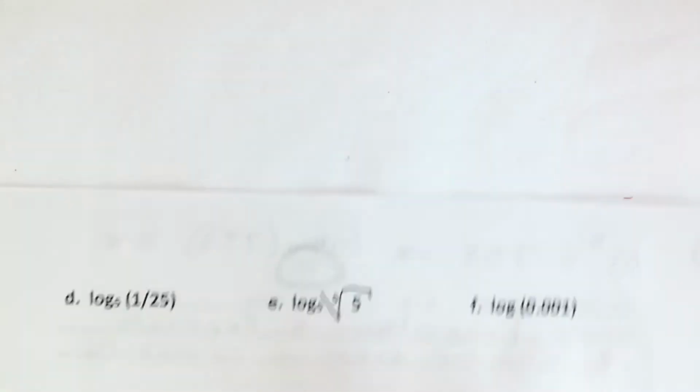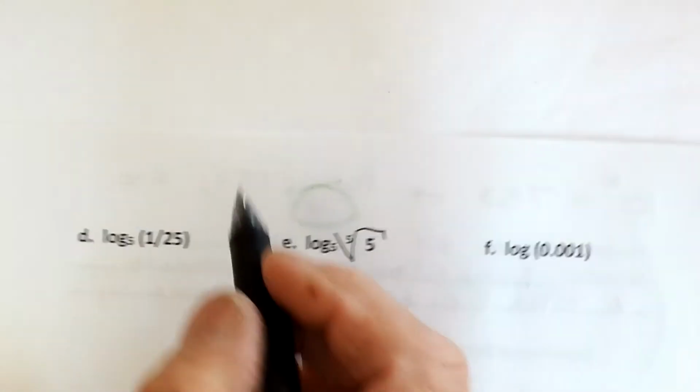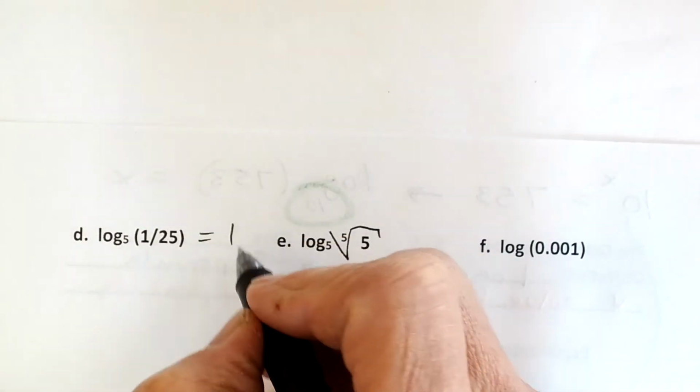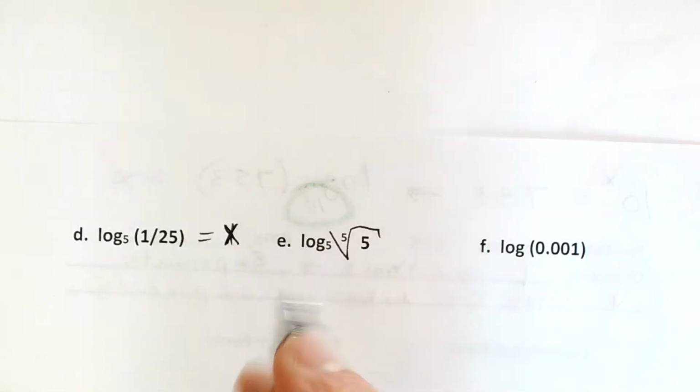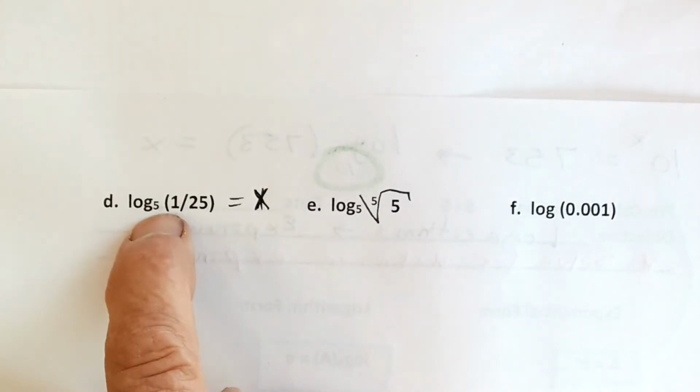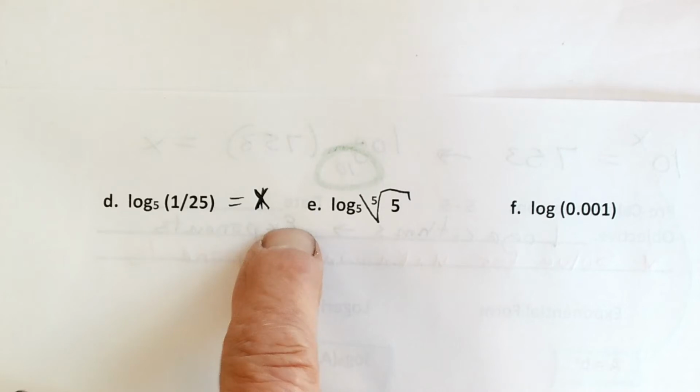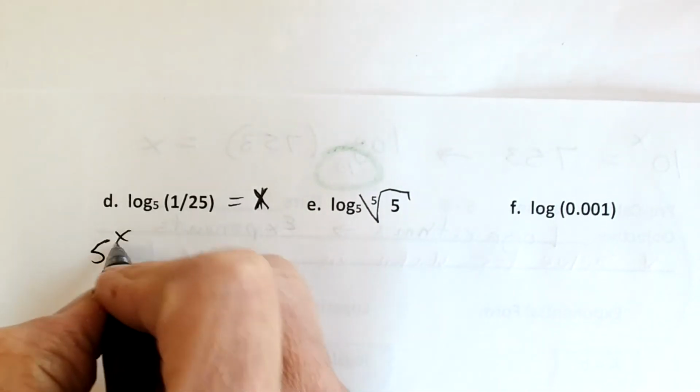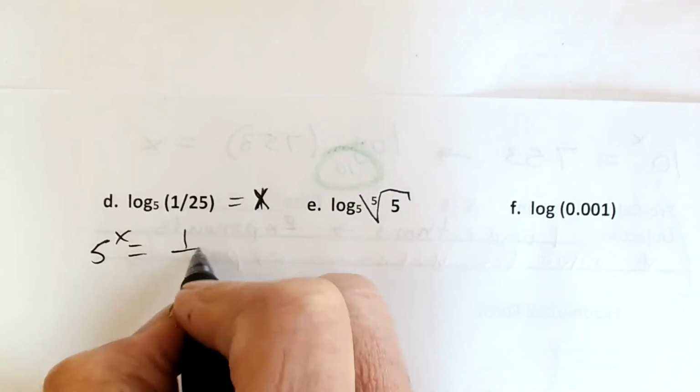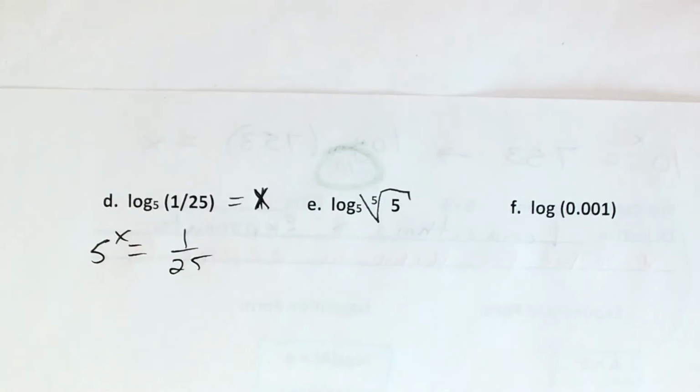Okay. All right, let's see if we can be smart. So I'm going to go base 5. 5 to the x. 5 to the x equals 1 over 25. Okay, so what's x going to equal? Anybody know?